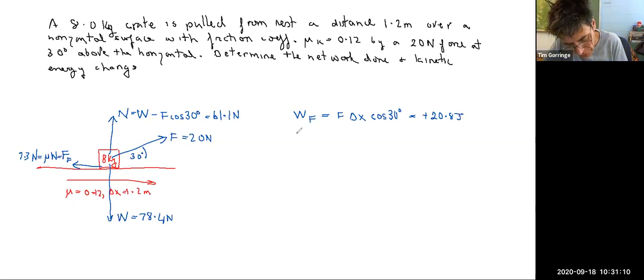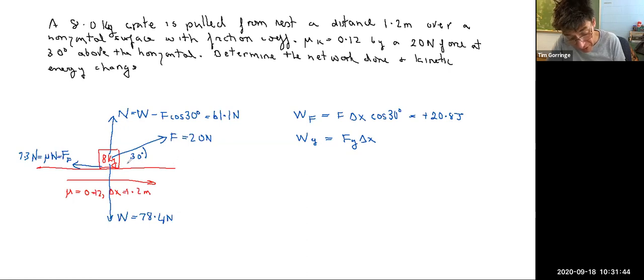Second force, and its work done. Let's take the force of gravity. I'll call that work done WG, the gravity. It's the gravitational force times the displacement times the cosine of the angle between the downward gravitational force and the rightward displacement.